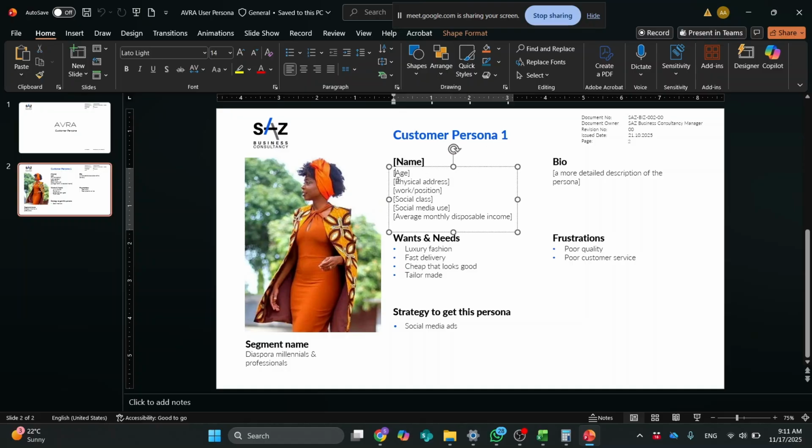What is her age? What is the ideal age for these kinds of customers? Let's say it's the traditional, and we're looking for working women. They might be between, I don't know, 28 to 38 or 45. We write here: what age can she be? Plus or minus 5 years. Where does she stay?